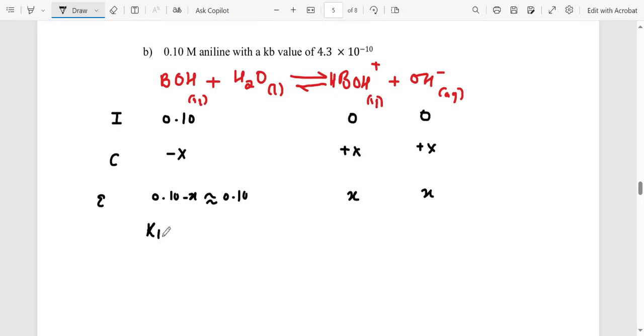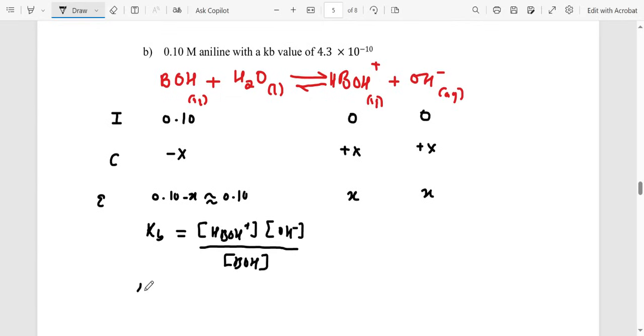So the Kb, base dissociation constant, is equal to the concentration of the conjugate acid. You can see this species that has been formed is a conjugate acid coming from the base BOH. So the concentration of the acid HBOH plus, multiplied by the concentration of hydroxide, divided by the concentration of BOH.